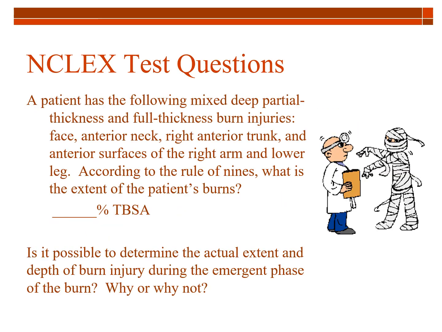Here we have another example of a rule of nines question. A patient has the following mixed deep, partial thickness, and full thickness burn injuries: face, anterior neck, right anterior trunk, and anterior surfaces of the right arm and lower leg.